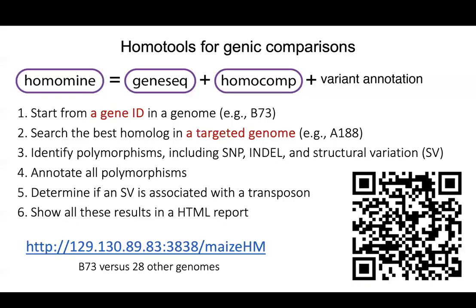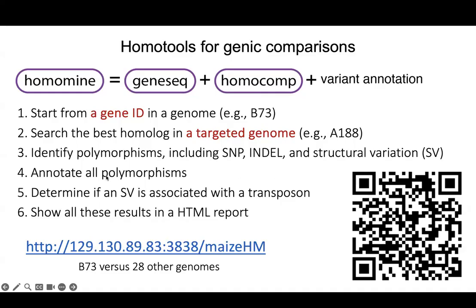I'd also like to introduce the Home tool to our colleagues, because last year we released this Home tool online, which is very useful for comparing different genomes to find the best homologous gene using different references. Here, you only need to provide a gene ID, let's say a B73 gene ID, and search for the best homologs in a different genome, for example A1A.